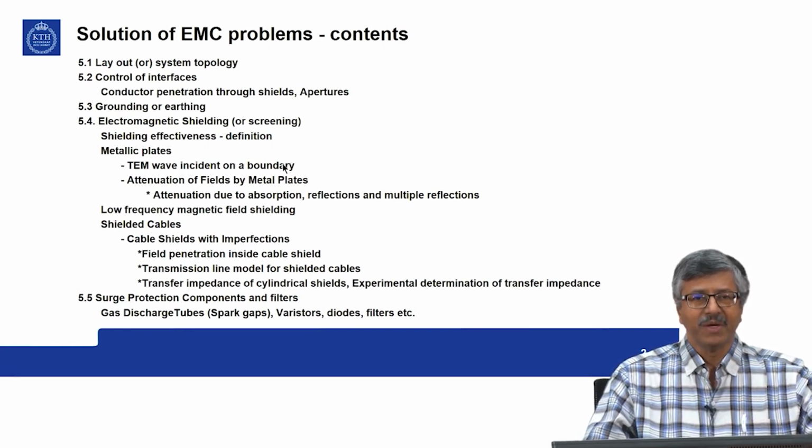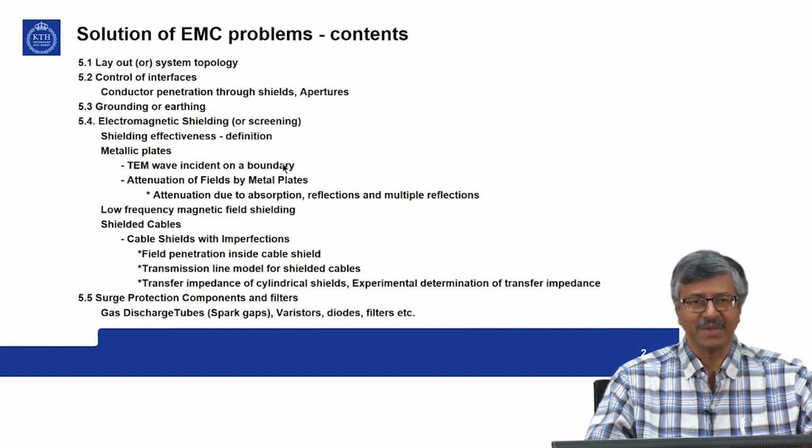Then we go to principles of grounding and earthing, different types of ground. After that, the electromagnetic shielding, the theory for that will be developed based on what we have learned regarding the electromagnetic principles in chapter 2. We will introduce shielding effectiveness.